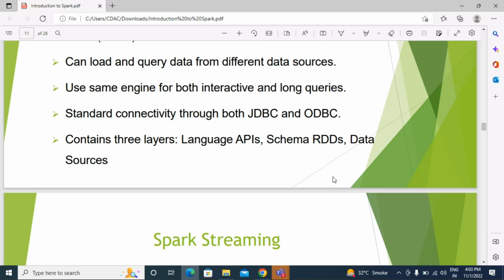Yeah. So your JDBC is Java database connectivity, and ODBC is open database connectivity. Open database connectivity is basically an interface for accessing your data.